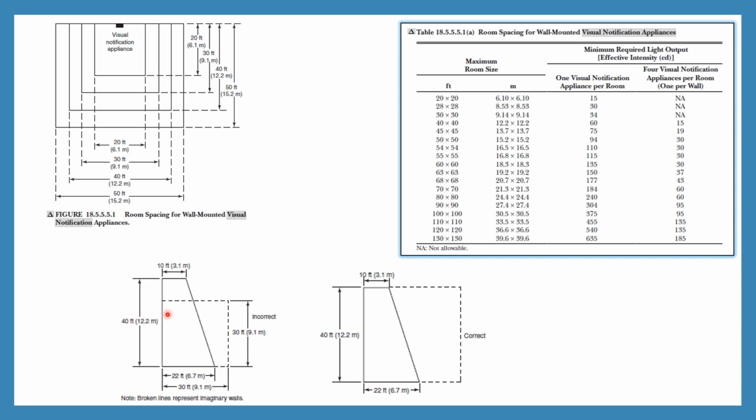In short, we consider the larger dimension of this room. Based on that, we can select the candela rating for this entire room. So here you can see we have selected one strobe considering the 12.2 meter maximum room size.